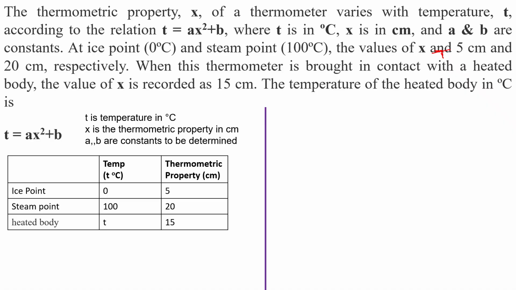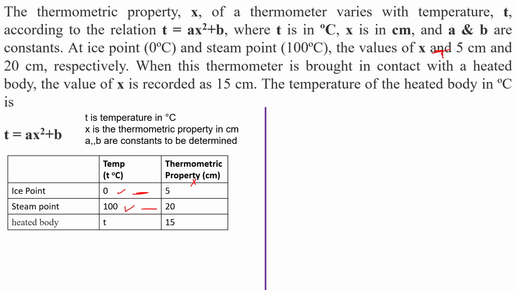And observe the data. Here it is given that at the ice point and steam point, the temperature in degrees Celsius of the ice point is 0 and steam point is 100, and the corresponding thermometric property X is 5 at 0 degrees Celsius and 20 at 100 degrees Celsius.